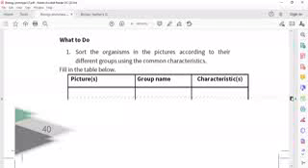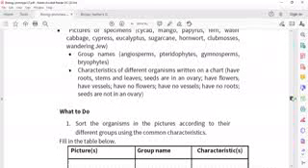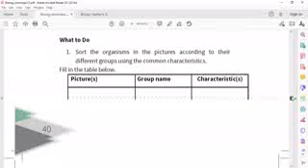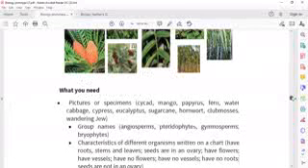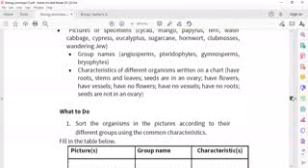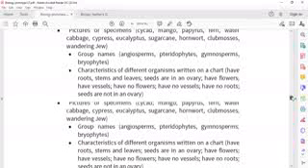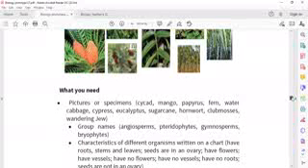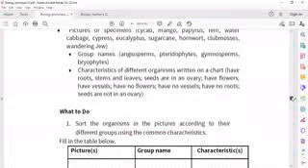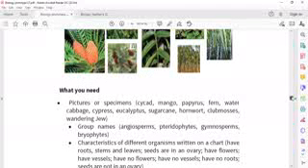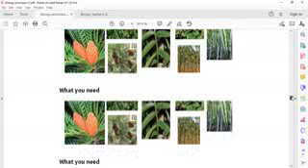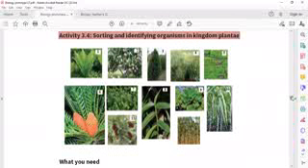In your notebooks, you will be able to follow that and name them. We are done with the angiosperms and the pteridophytes. Next, we are going to the Gymnosperms.